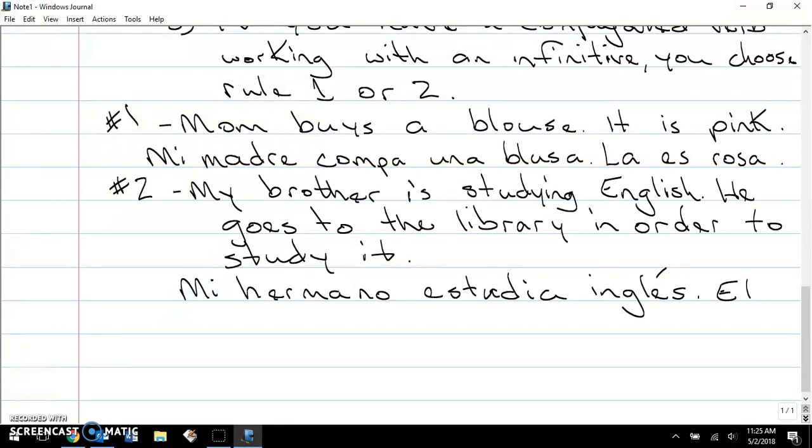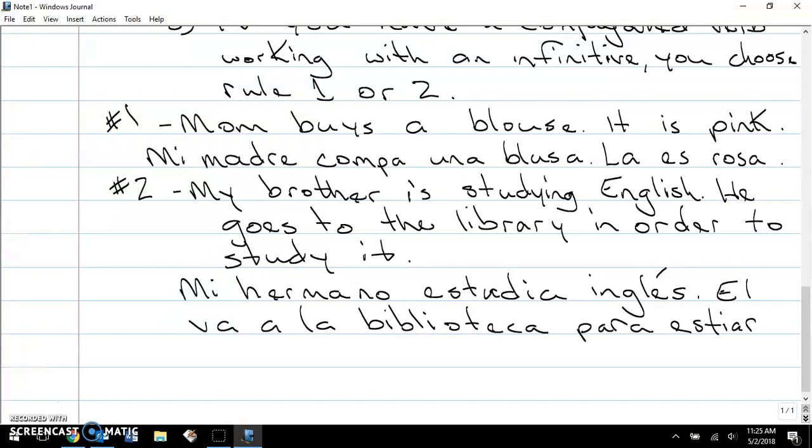Él va a la biblioteca para estudiar. Now, para estudiar, to study it.